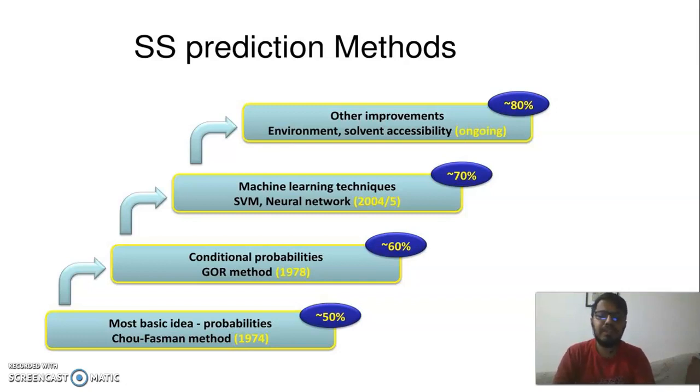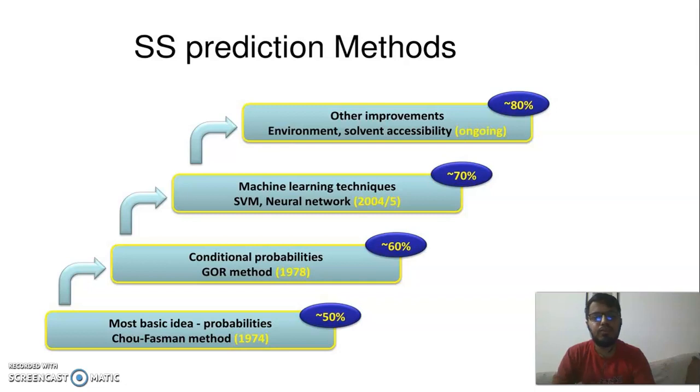When we talk about the Chou-Fasman method, which was given by Chou and Fasman in 1974, the idea was to get the probability of particular amino acids in particular regions of the secondary structure. The accuracy of this method is nearly 50%.